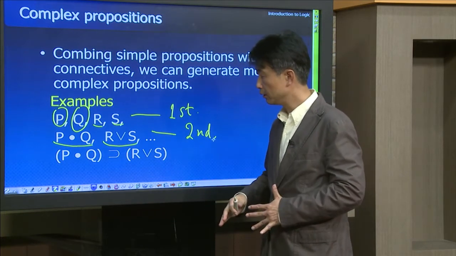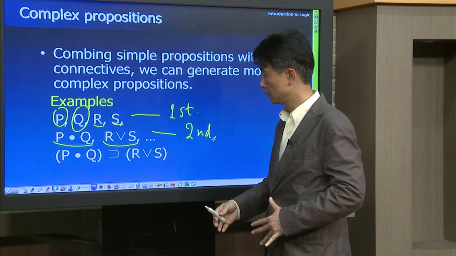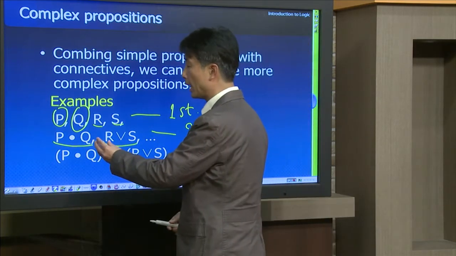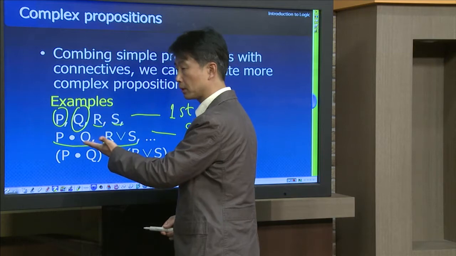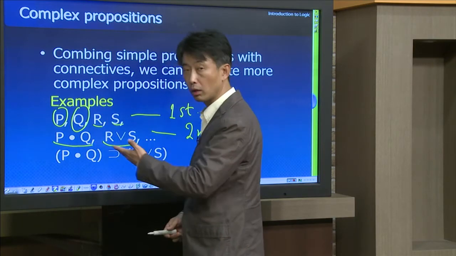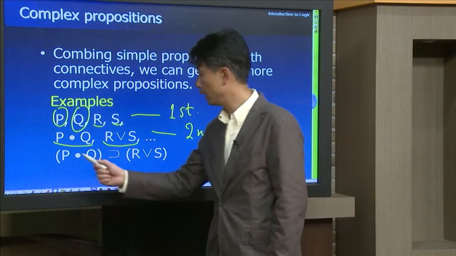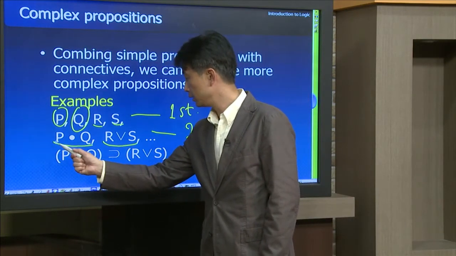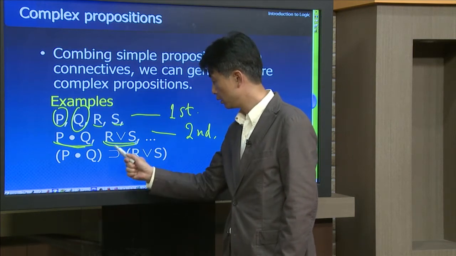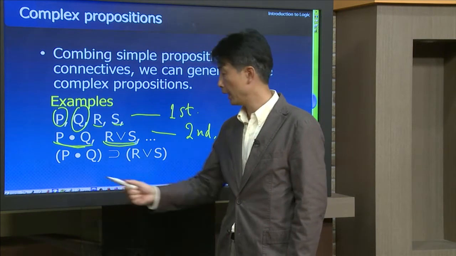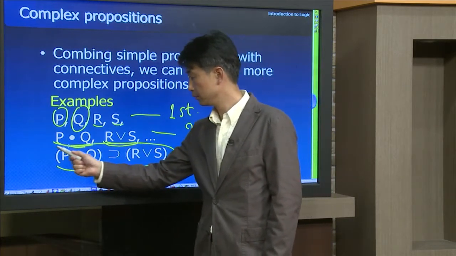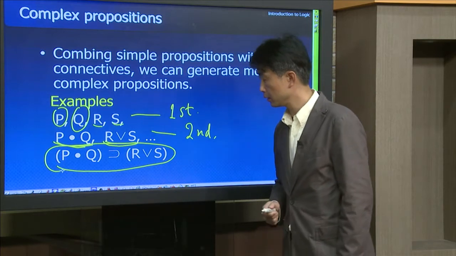Can you go further? Of course. Once you have gone at this level, you can combine any statement that has been connected so far, and you can generate more complex propositions. For example, you can combine these two with the horseshoe, conditional sign, and generate a complex proposition like that. This is a legitimate thing to say in this language.